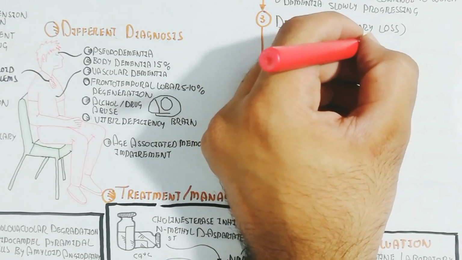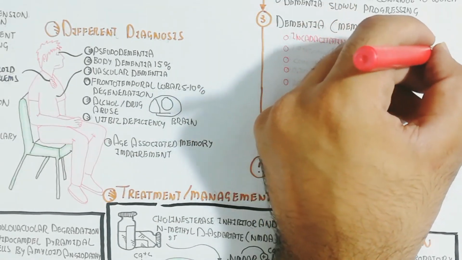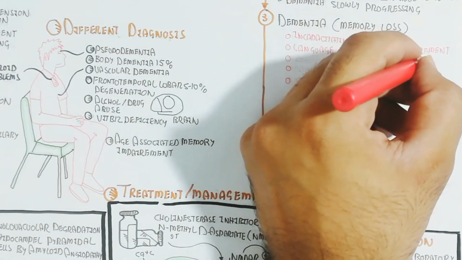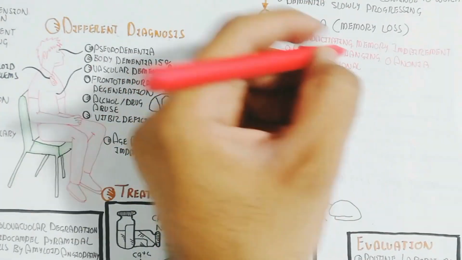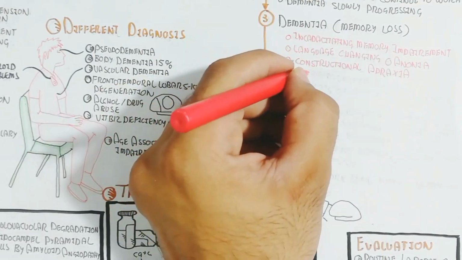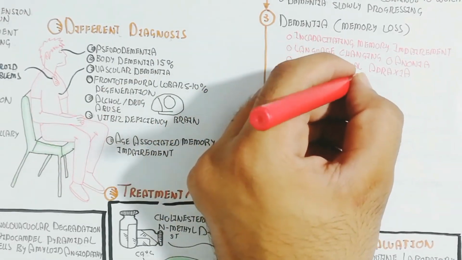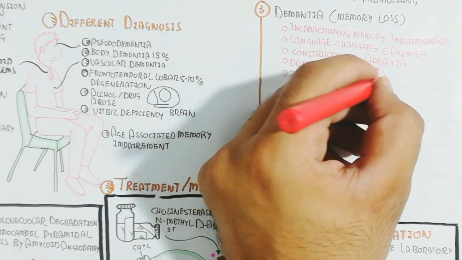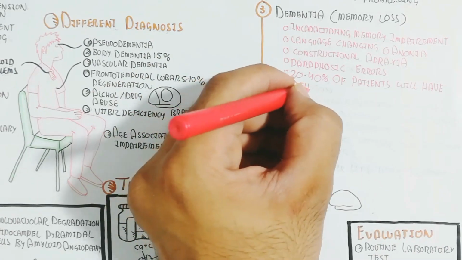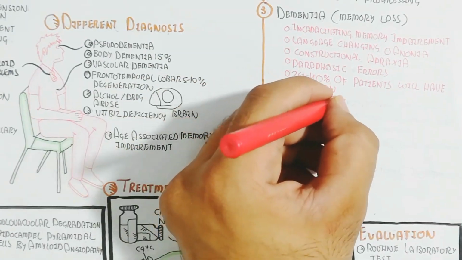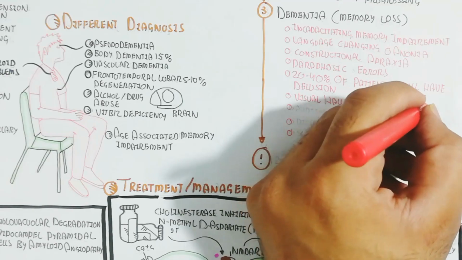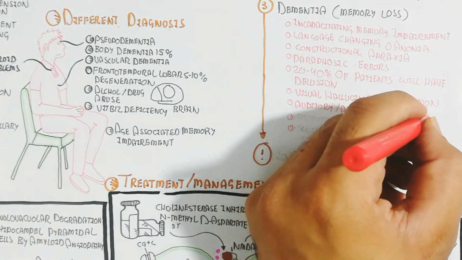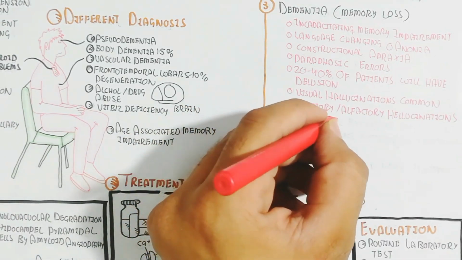It is the memory loss, and after the dementia it can cause many problems like incapacitating memory impairment, language changes, anomia, constructional apraxia and paraphasic errors. 20 to 40% of patients will have delusions, and visual hallucinations are common, as well as auditory or olfactory hallucinations, and disruptive behavior in 50%.